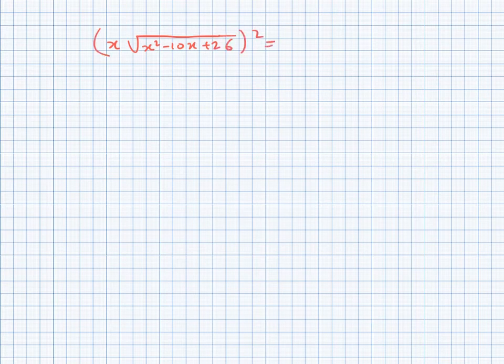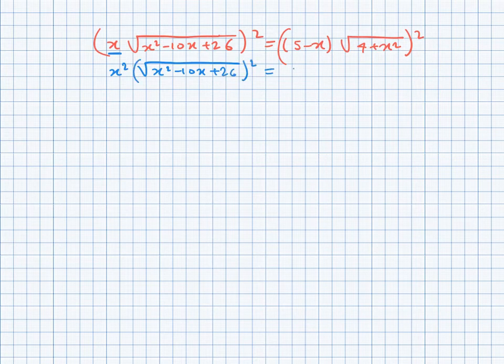We had that line just before, but I'm just going to rewrite it. And then all of this, and everything to the power of 2. Now what's happening here is that everything inside is going to be to the power of 2. So x to the power of 2, every single term. And then this bit here is 10, all of that, and that's to the power of 2 as well.